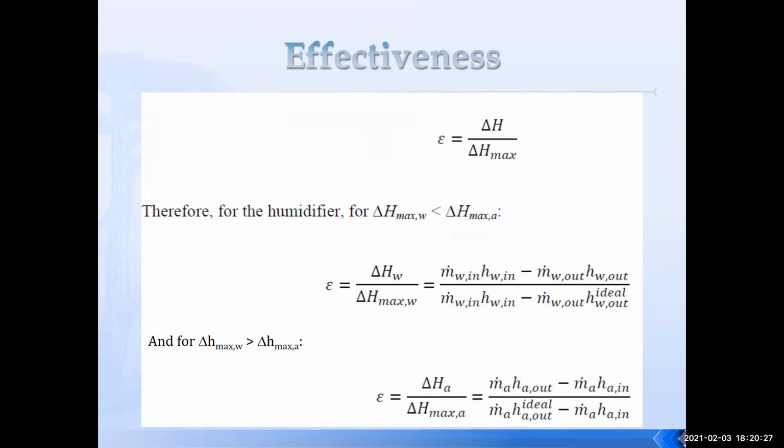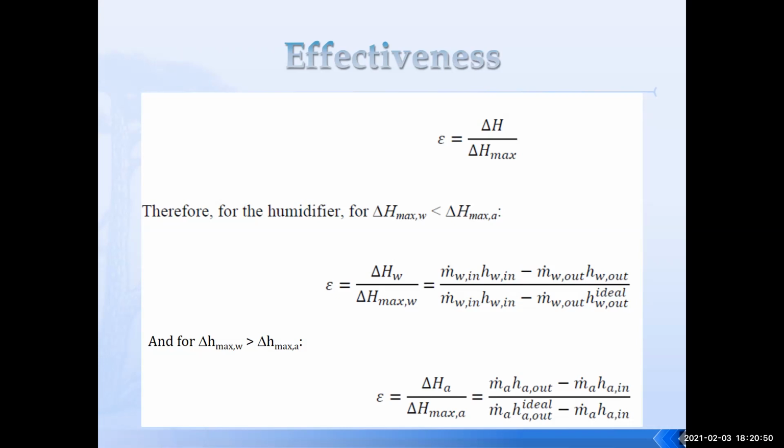The interesting thing is that we were always not convinced. If I'm talking about a humidifier, which is a system for humidifying the air, why should I be looking for the maximum value, or should I be looking for the effectiveness on the water side, if my target is to humidify or dehumidify the system?